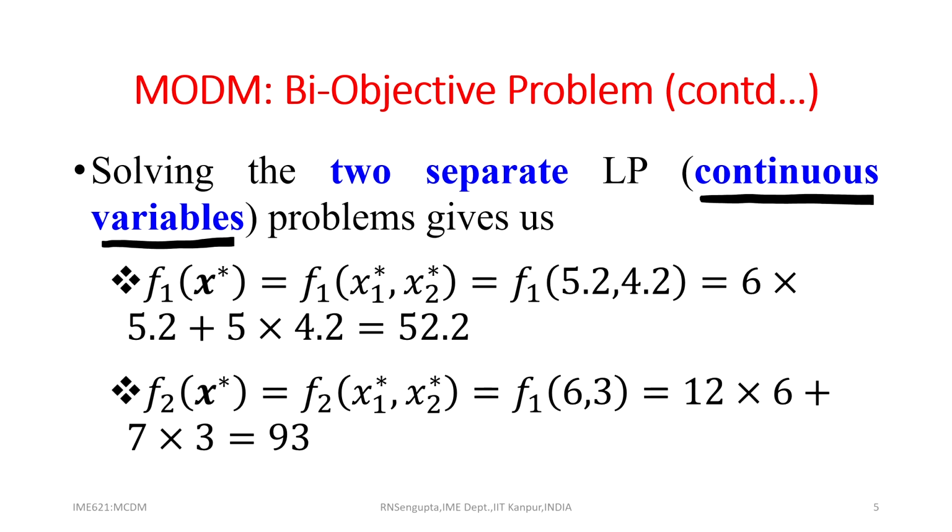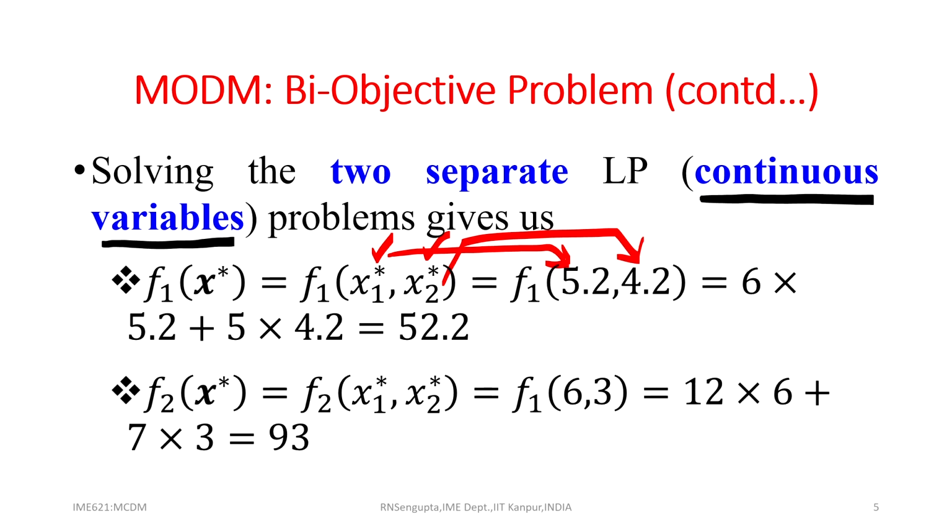When we solve it, the optimal decision variables for problem 1, which I will mark in red, because that was the norm we decided to use for the first objective function, are x1 star and x2 star, where x1 star comes out to be 5.2 and x2 star comes out to be 4.2.